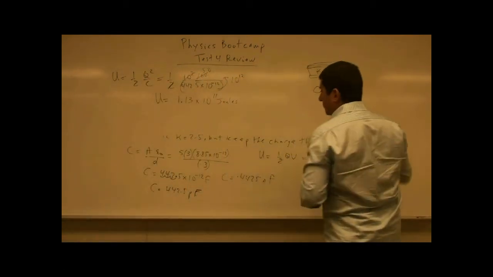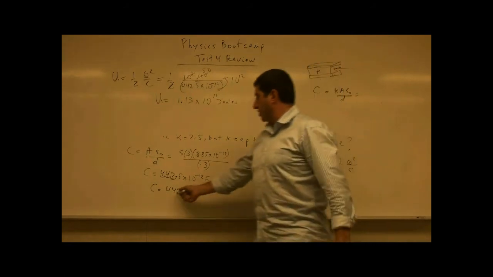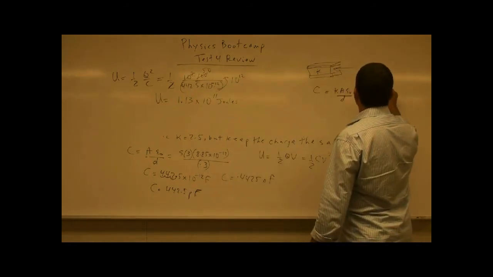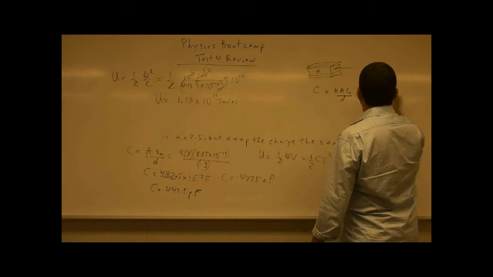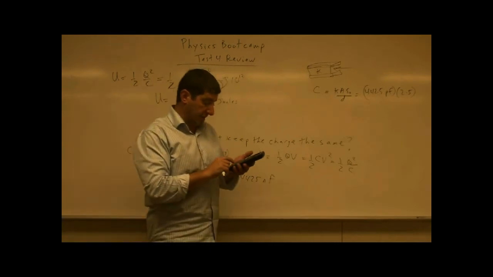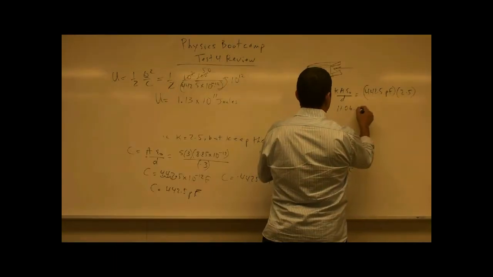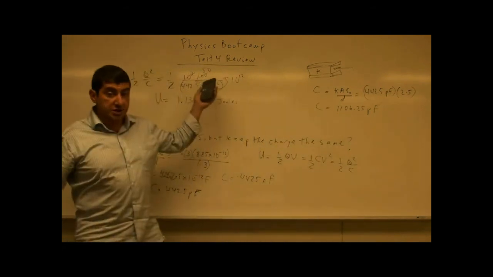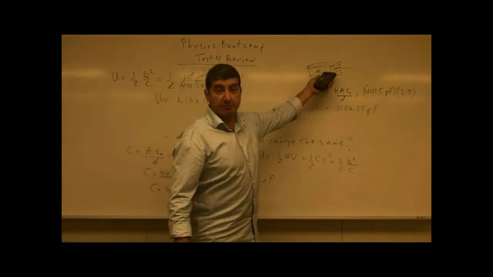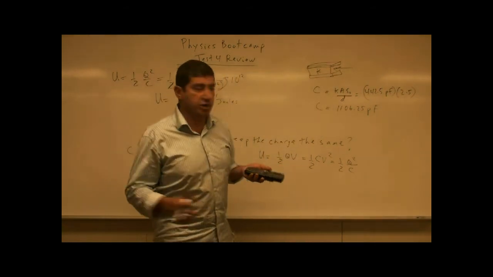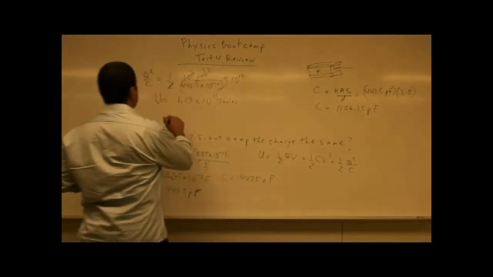So remember, the capacitance used to be 442.5 picofarads. Now I'm going to multiply that by 2.5, and the capacitance is going to be really big. It's going to be 1106.25 picofarads. Now, since the charge is going to stay the same, it's not connected to the battery source, there can be no flow of charge. So what's the potential energy going to be?